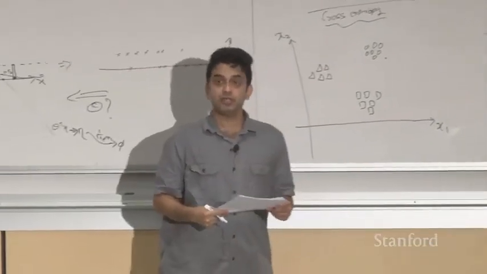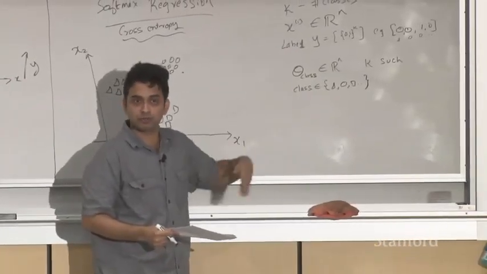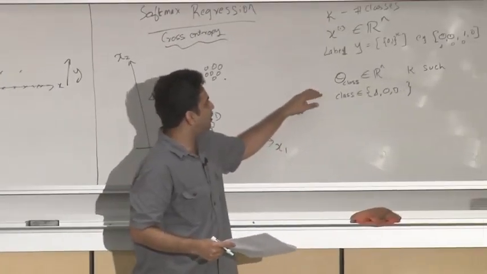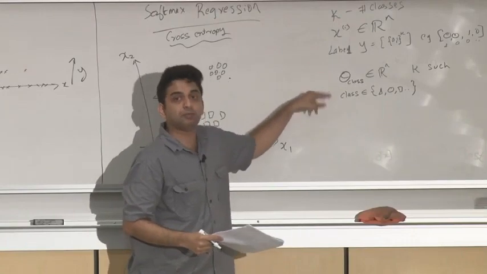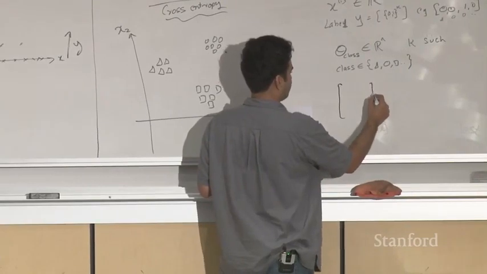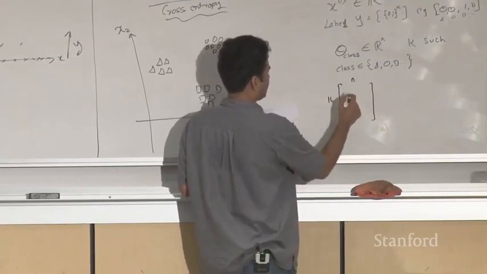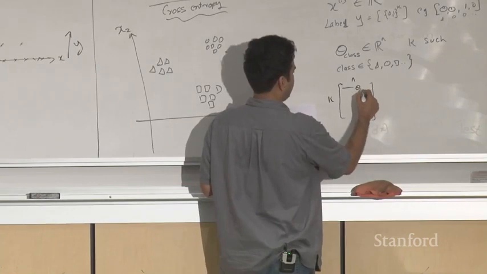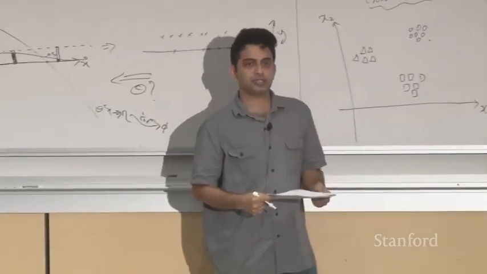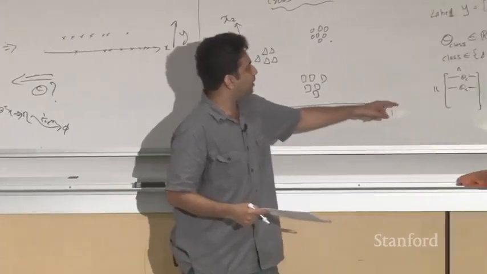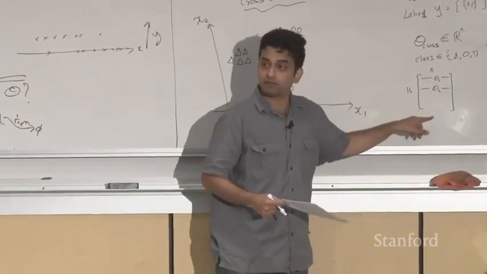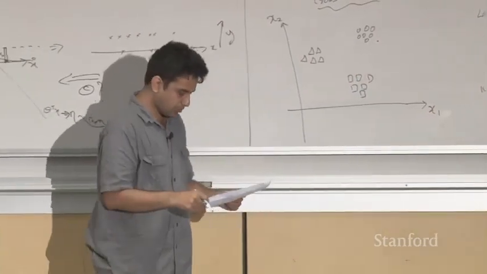So in logistic regression, we had just one theta, which would do a binary, yes versus no. In softmax, we have one such vector of theta per class. Right? So you could also optionally represent them as an n by k matrix, where you have a theta_class per column. So softmax regression is a generalization of logistic regression, where you have a set of parameters per class, right?